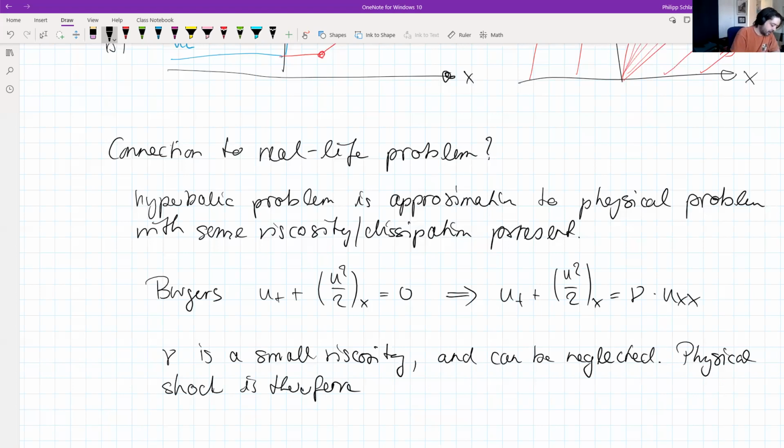So that means that the physical shock is therefore not exactly discontinuous, but still a very steep step.